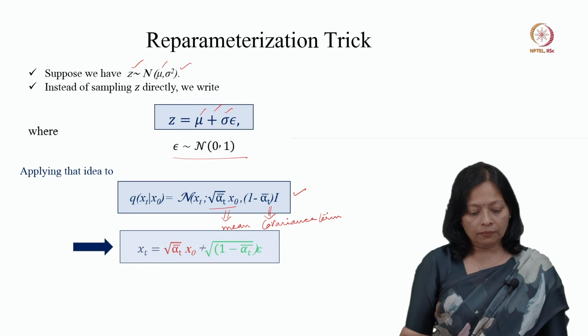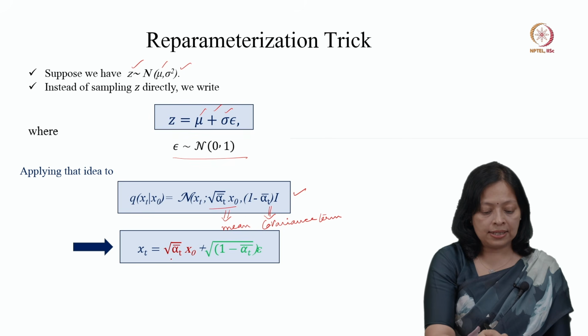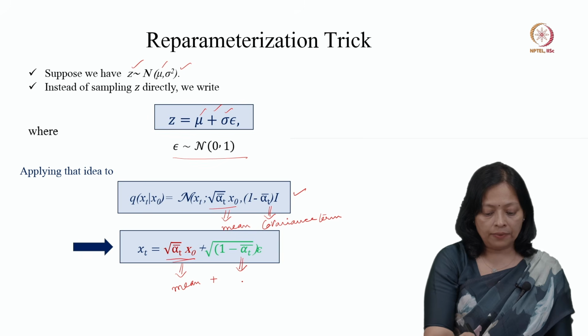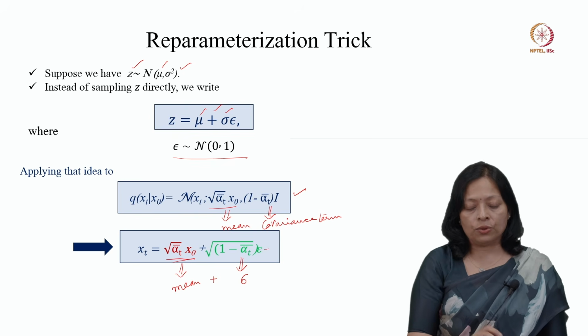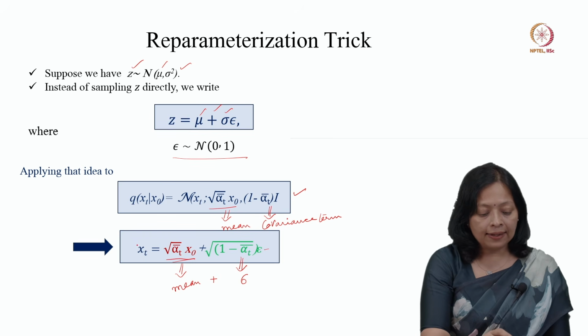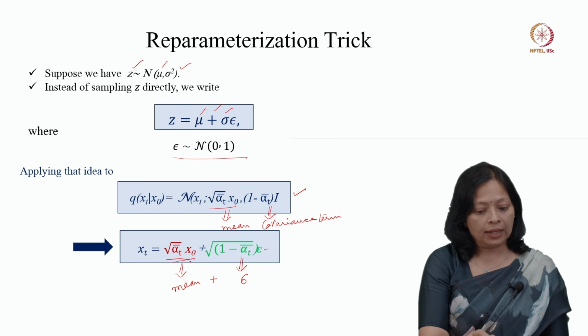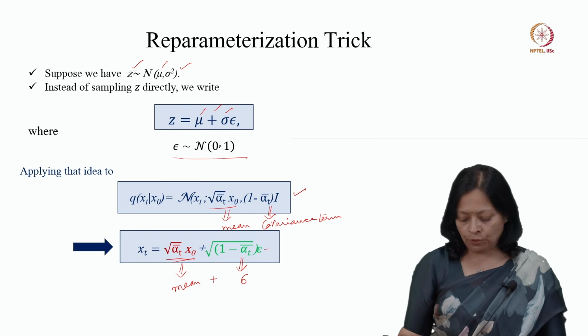I can sample x_t as square root of, that is the mean, plus this is my sigma because the square root has come, into epsilon. So, what we are getting from this equation is that I can get x_t, given I know the initial image x_0, at any time instant t. So, this is a very important concept of the denoising diffusion probabilistic model.